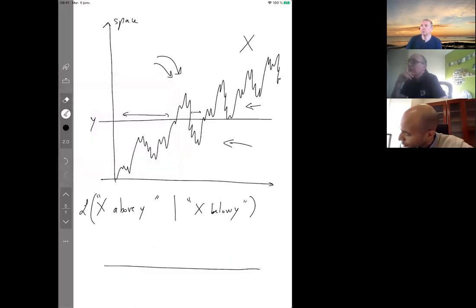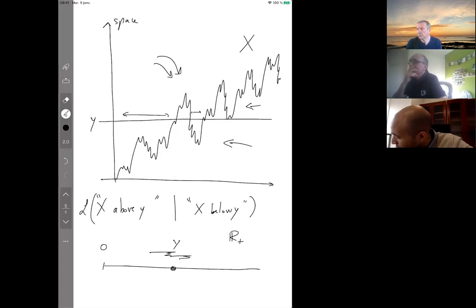I look at my loop soup on the real line, on the positive half line, and I'm looking at a point y, and then I'm focusing on the loops which intersect the space above y.